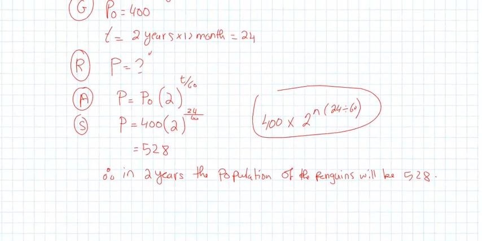All I did is what we call substitution. Then I enter it in my calculator to find my answer. And at the end, I write my very first statement, which represents the P phrase or the letter P. So it's a process. GRASP: G is for given, R is for required, A is for the formula, which is analysis, S is for solving, and P is for the P phrase.